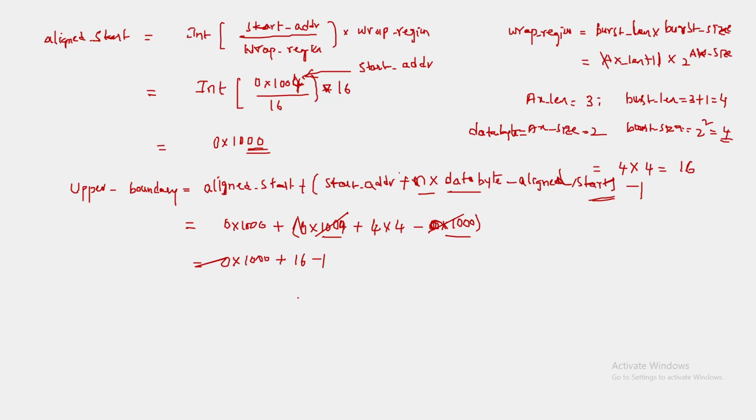So 1000 plus 16 gives 100f. 15 means f, right? 100f is the upper boundary. Do you understand how we calculate the upper boundary?